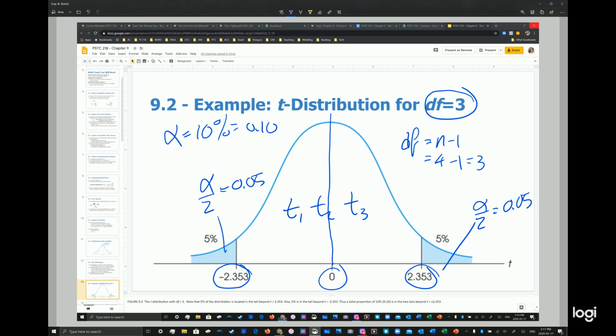So the value we're looking for in the t table for degrees of freedom that is three, well, we'll have to see if this matches. For a two-tailed test where each tail has 5%, we're going to see if the critical value is indeed 2.353.